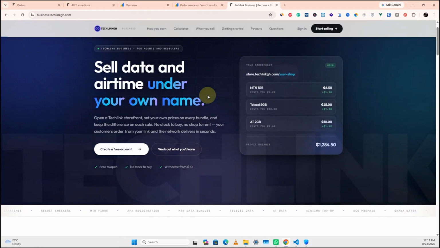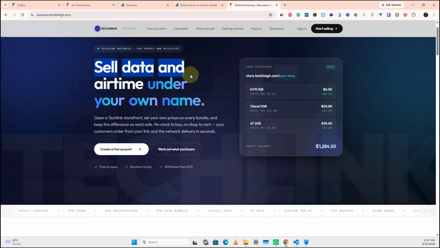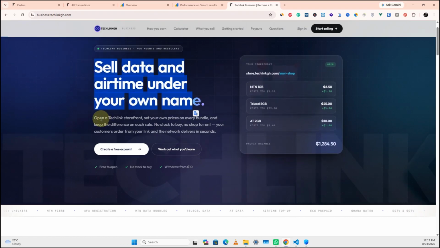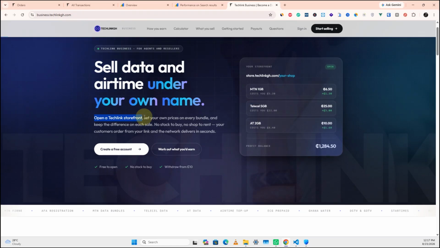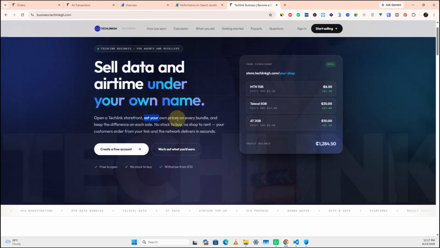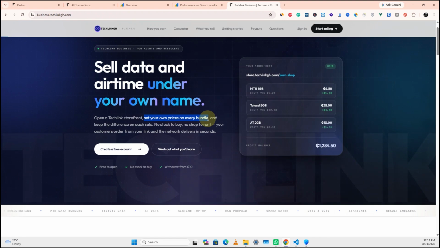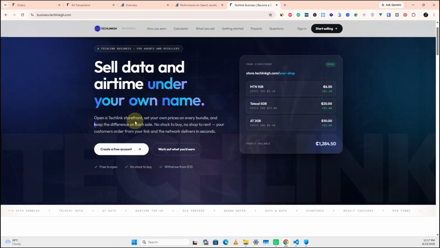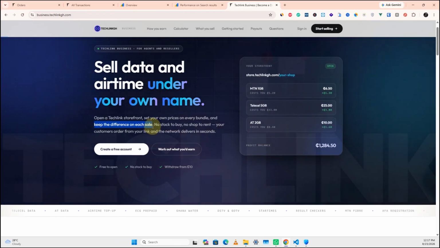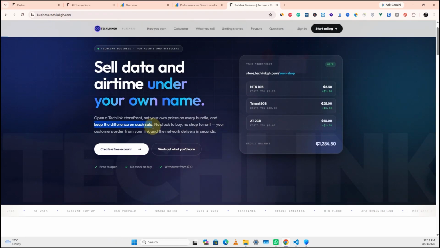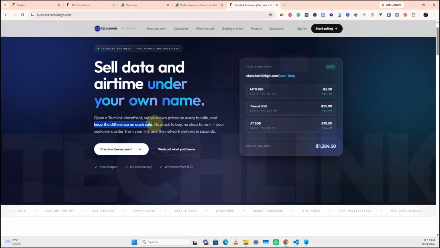So that is it. You sell under your own name. You open your own e-store under your own e-store name or storefront. You set your own pricing on everything that we provide, and then you keep the difference on each sale. So if you are making a profit of 1 cedi, you get to keep that 1 cedi.